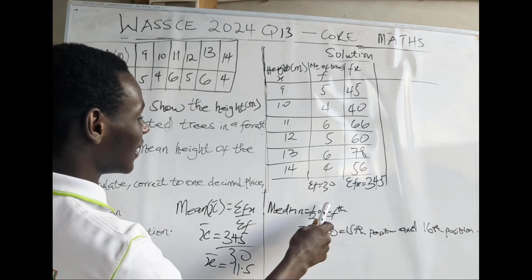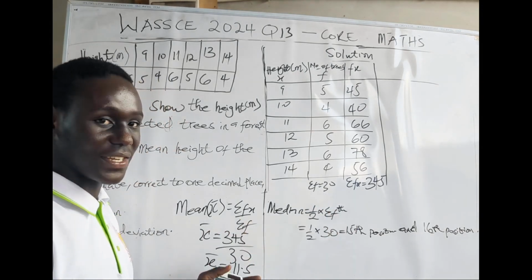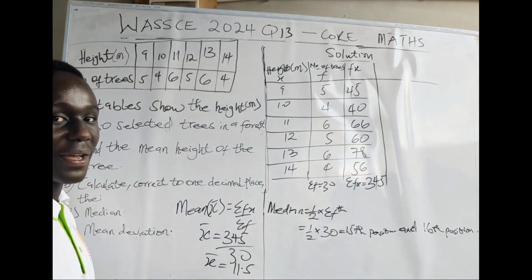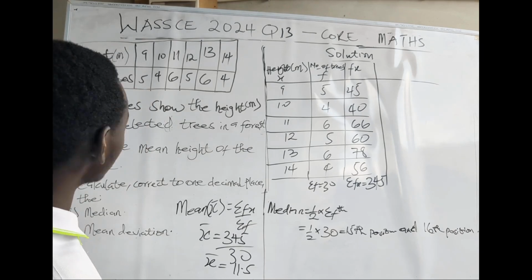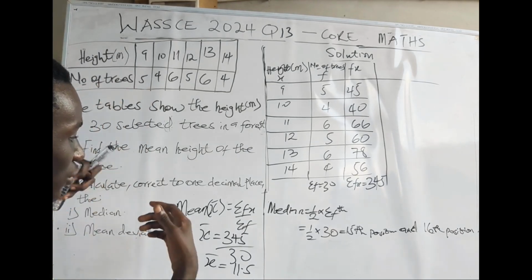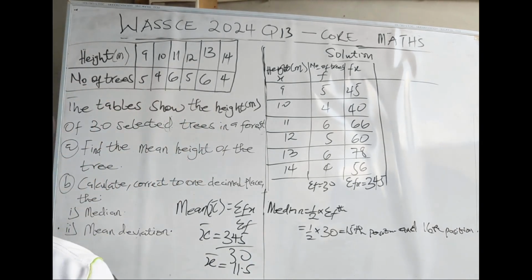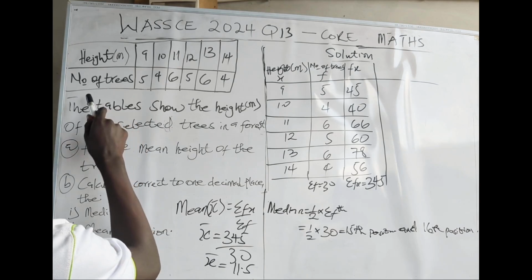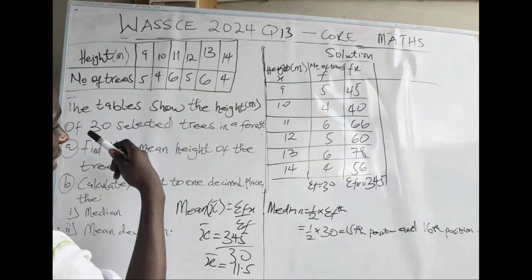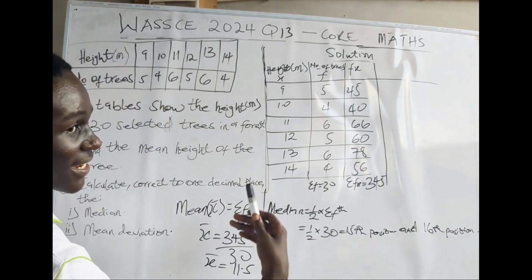Since the total frequency is an even number, the middle number must consist of 2 numbers. So here we just go back to our table and trace where to locate the 15th and the 16th position. We just sum up the number of trees till we get the 15th position and the 16th position.